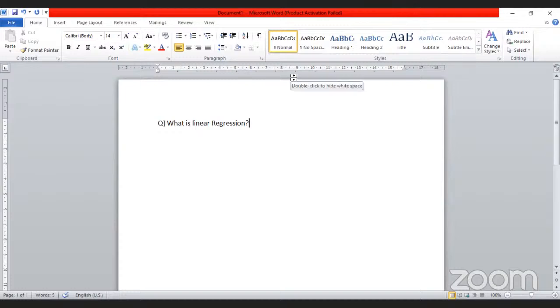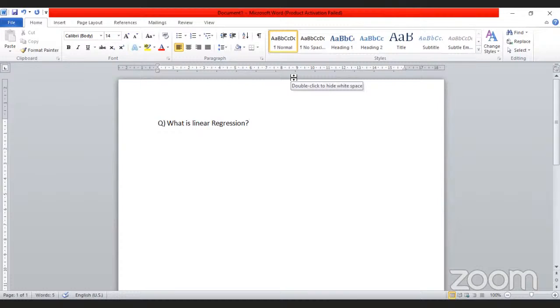It is helping us find out how the relationship of our variables is, whether it is good or bad, with the help of our parameters. What kind of parameter? It will tell us the strength of our relationship.